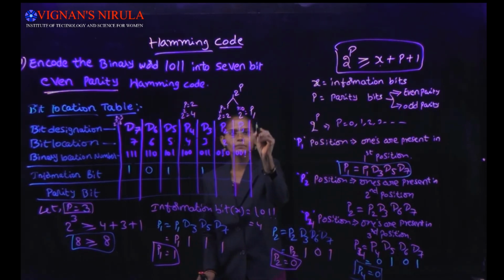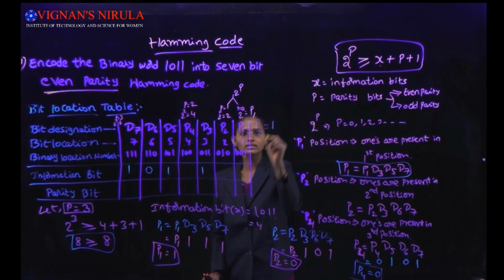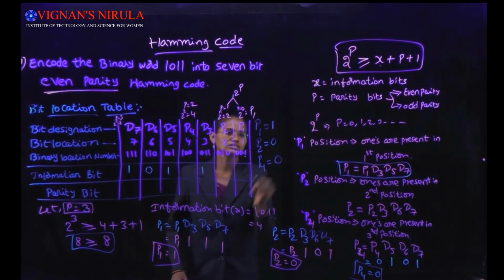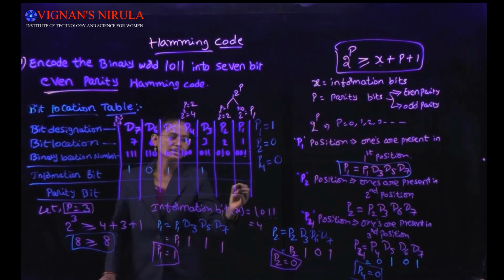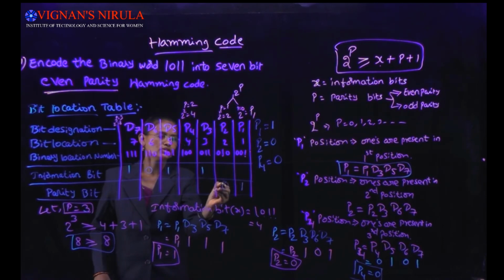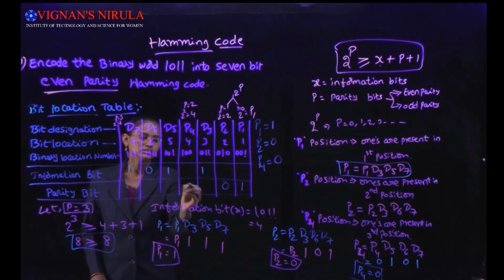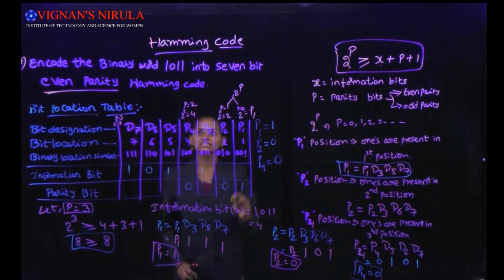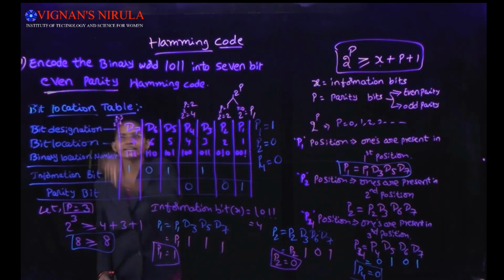Here the P1 bit is 1, P2 bit is 0 and P4 bit is 0. These are the parity bits, using even parity.